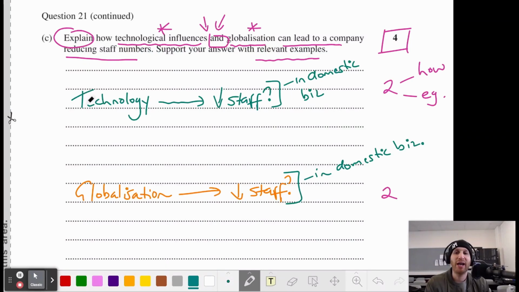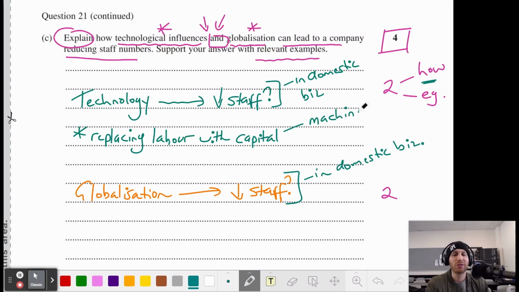So if I think about how can technology lead to less staff, the how part first, well, then I would think here about replacing labor with capital. And when I'm talking about capital here, I'm talking about machines, I'm talking about robots, anything that is taking the place of those workers in the company. For example, if I'm thinking about what my example would be, at our school we do Qantas as our case study, so I might think, oh, okay, with Qantas, they've got the e-check-ins.